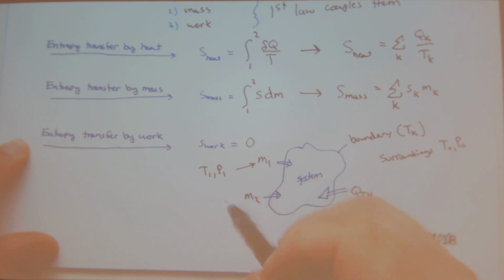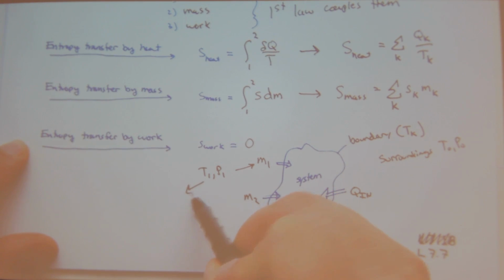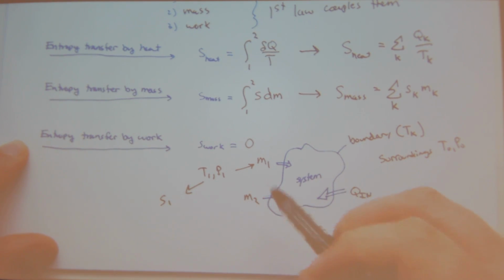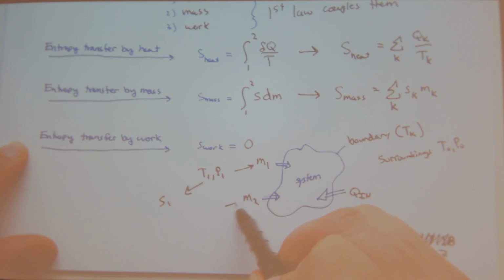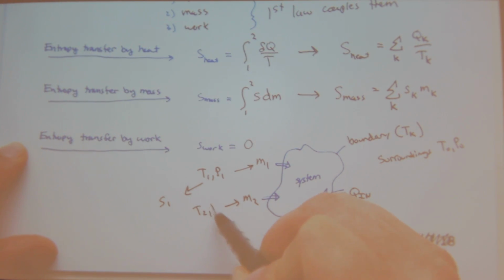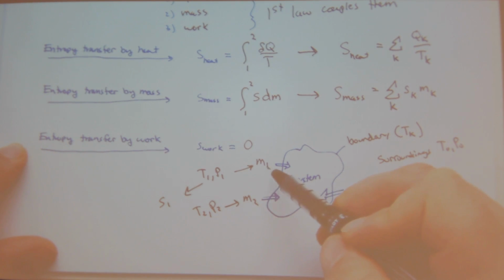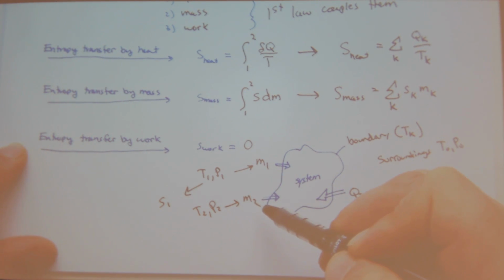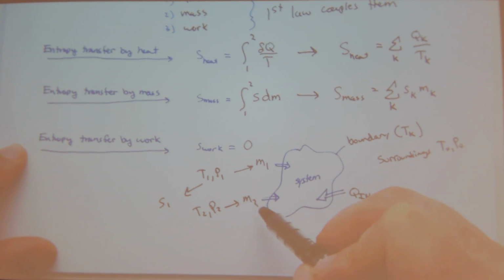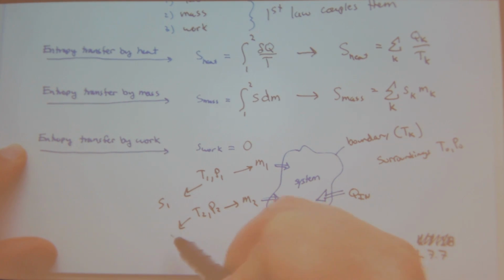I have to know the temperature and pressure of this mass coming in. Once I know the temperature and pressure of the mass coming in, I can get my entropy per unit mass. Likewise, if I know the temperature and pressure of my second form, so maybe this is water and this is oil, the oil's coming in at a given temperature and pressure, so I know the entropy per unit mass.